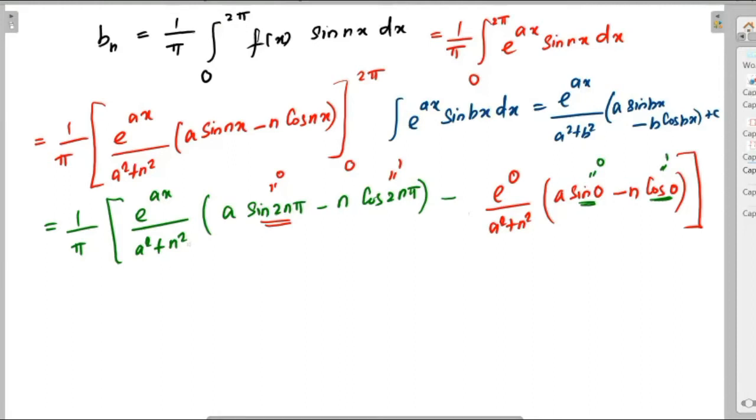So here comparing these terms, a square plus n square is common for each term, so you can take it outside.